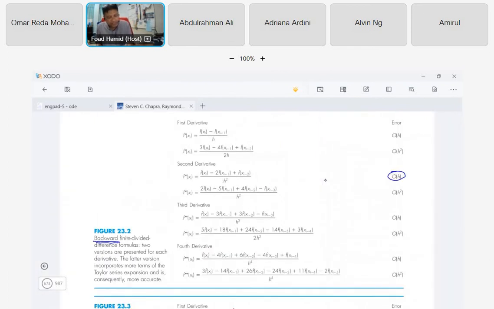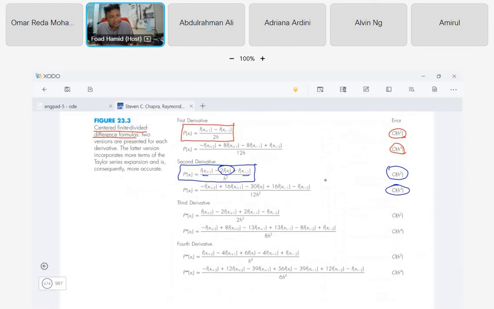So this is the second derivative, and the other one here is this one. This is the second derivative, and this is the centered finite difference. So we can use this as our approximation.